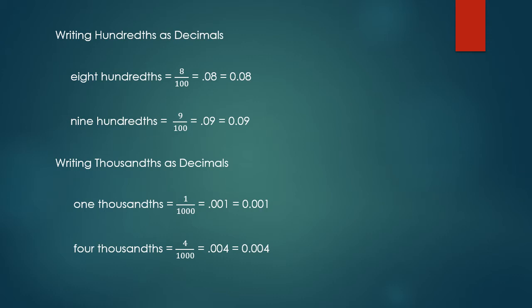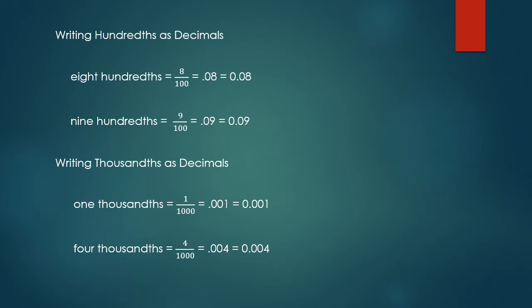One thousandth is equal to 1 upon 1000. In decimal form, it is written as 0.001.